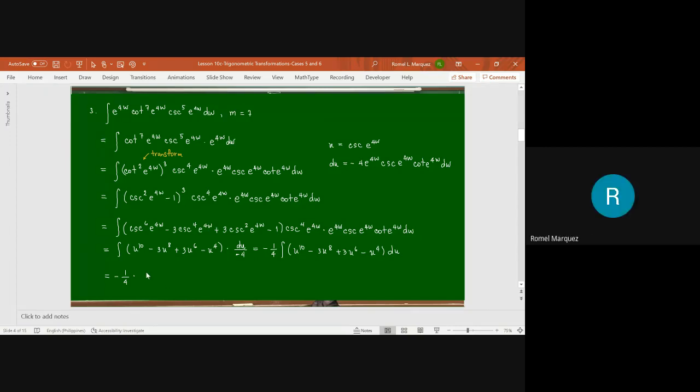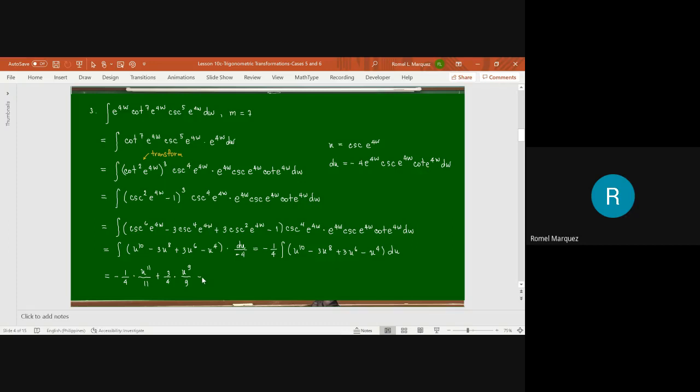What's the integral? U to the 11 over 11. U to the 11 over 11. Then, negative, negative, positive, 3/4 u to the 9 over 9.